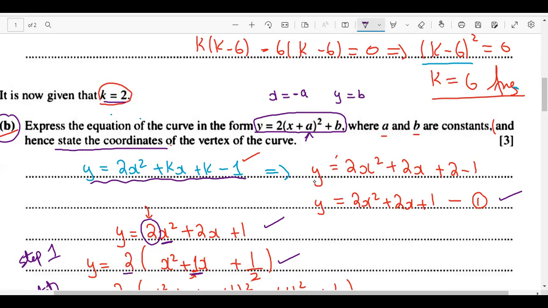For example, if we had x minus a here, it would have been minus into -a, okay? So in short, just take the negative version of this. For now, it is plus a. If it was minus a, I would have taken the negative version of minus a, okay? So I'll take the negative version of positive a, that would be negative a, and y is going to be b as it is. So these are going to be the coordinates of the vertex, okay?